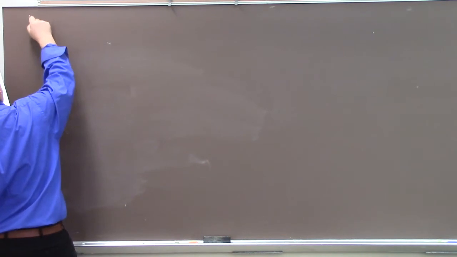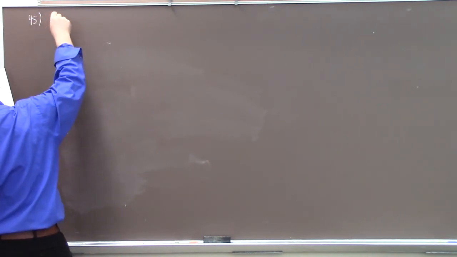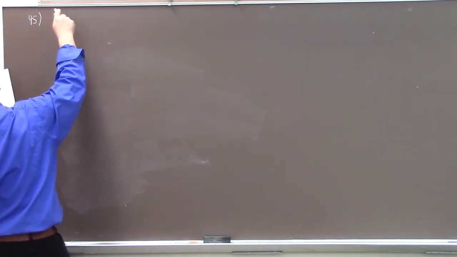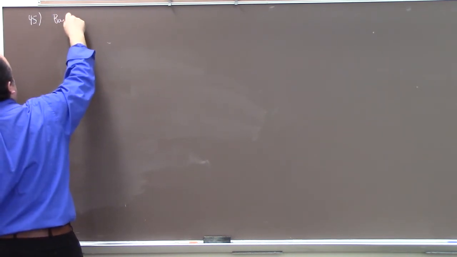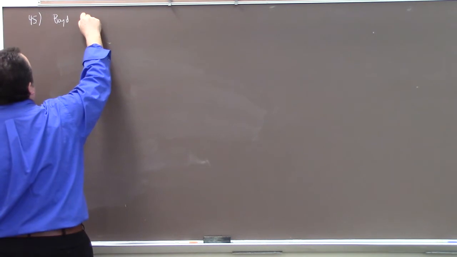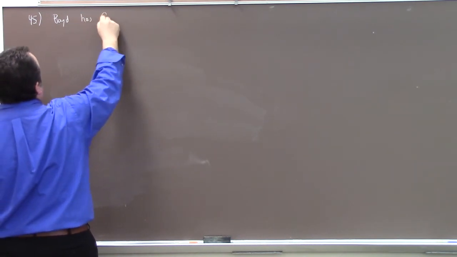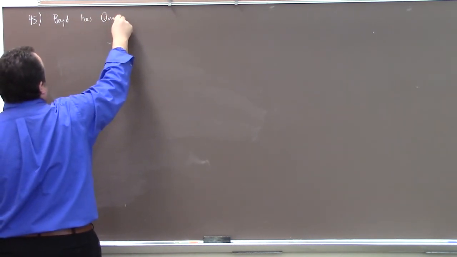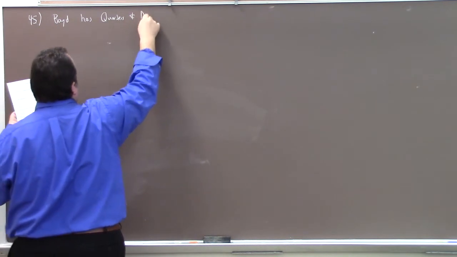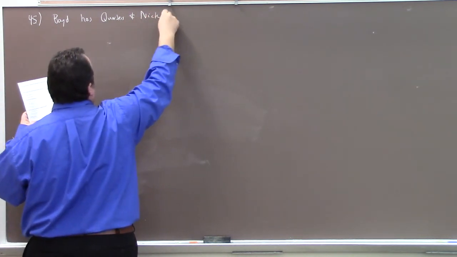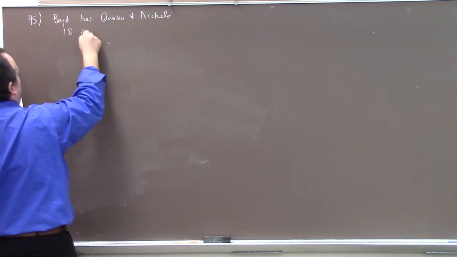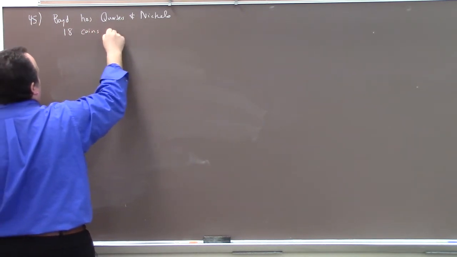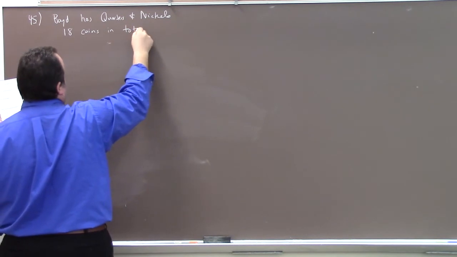This is number 45 from the test review. It says, Mrs. Boyd has a desk full of quarters and nickels. She has 18 coins in total.